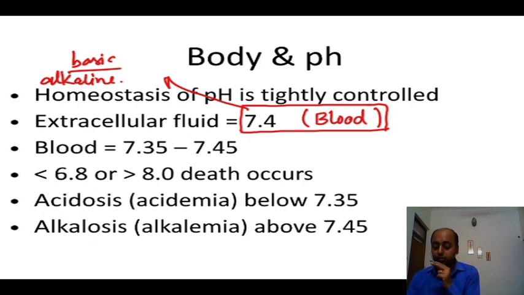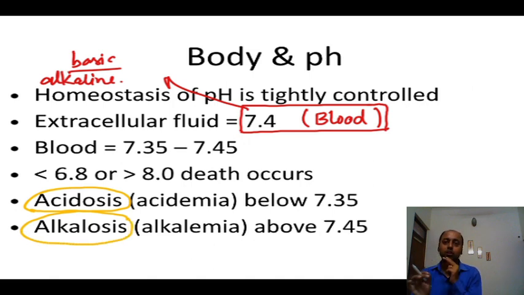Sometimes acidemia and alkalemia may also be used, but more commonly the terms used are acidosis and alkalosis. These are the common terms used to denote the derangement in the blood pH values.